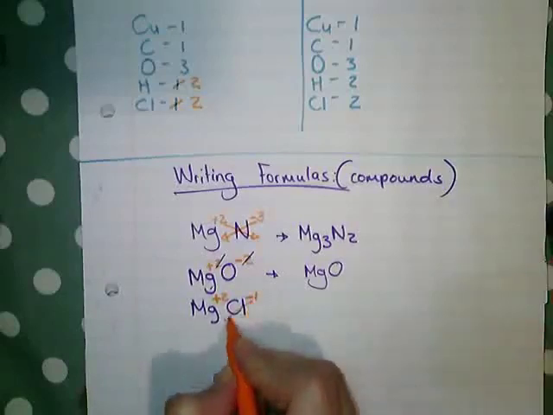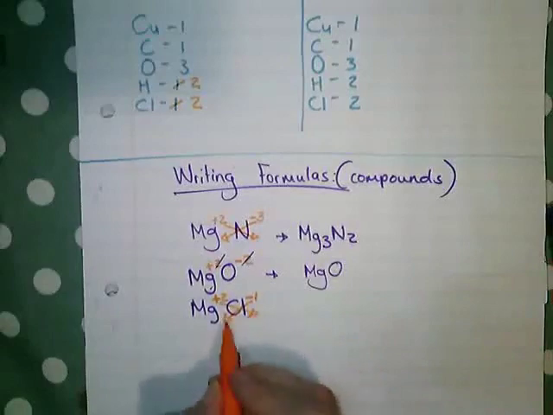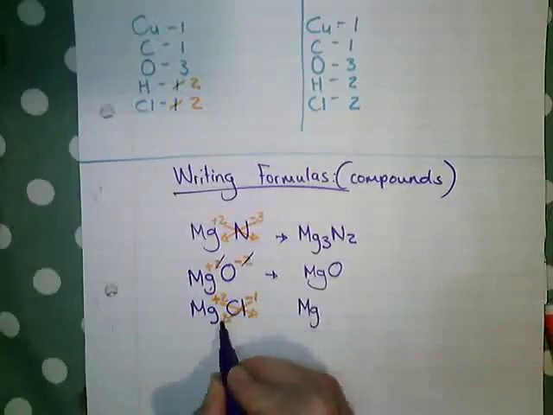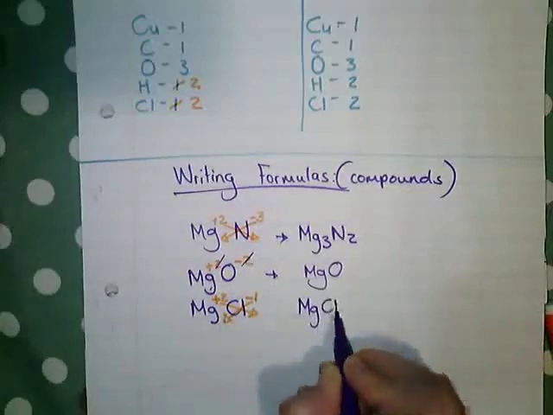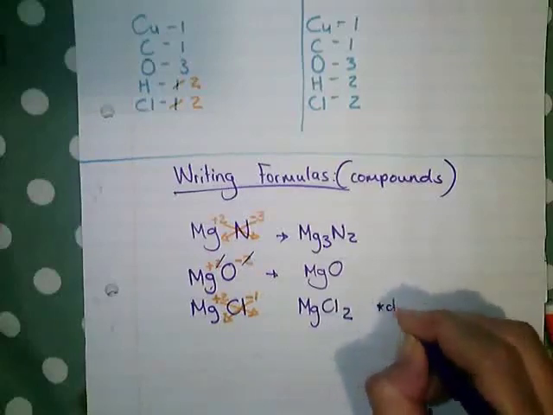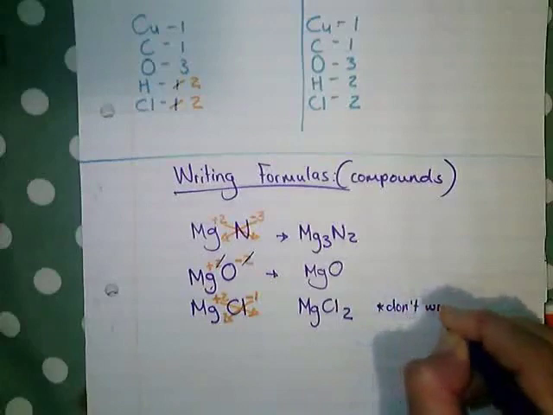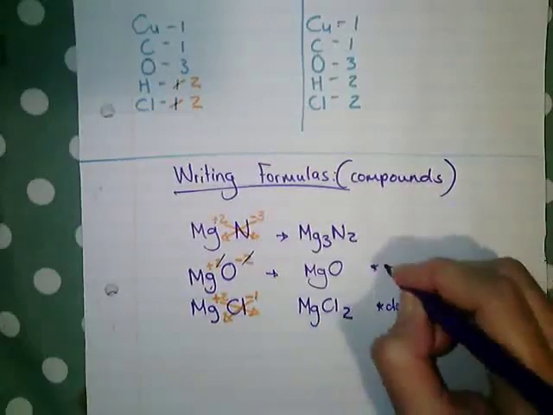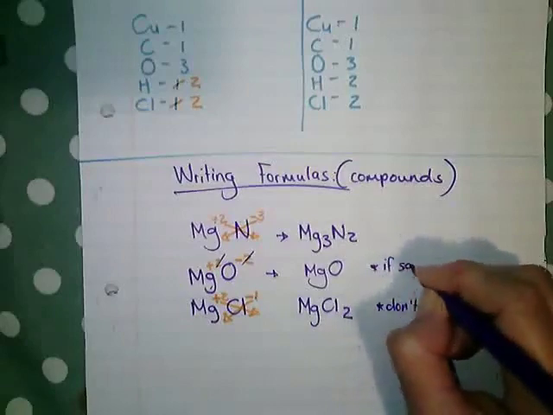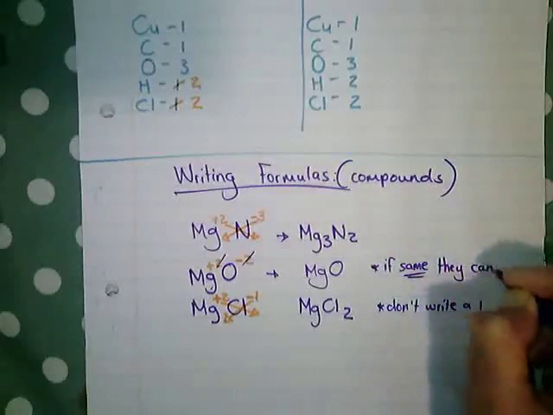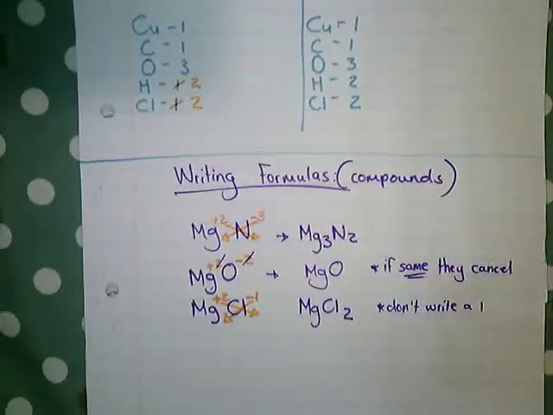So because we don't write a 1, that's going to be Mg, nothing, chlorine 2. You have to remember if they are the same, they cancel, so we won't write anything that was crossed over. Because they differ, we cross them over.